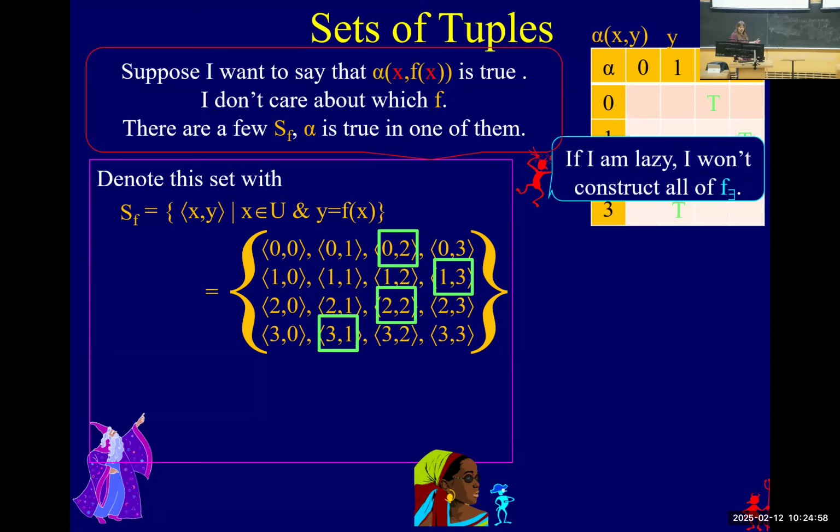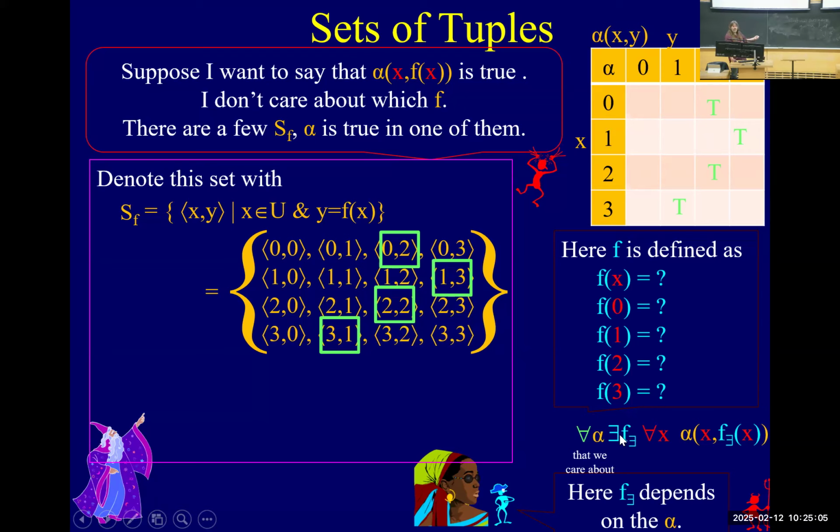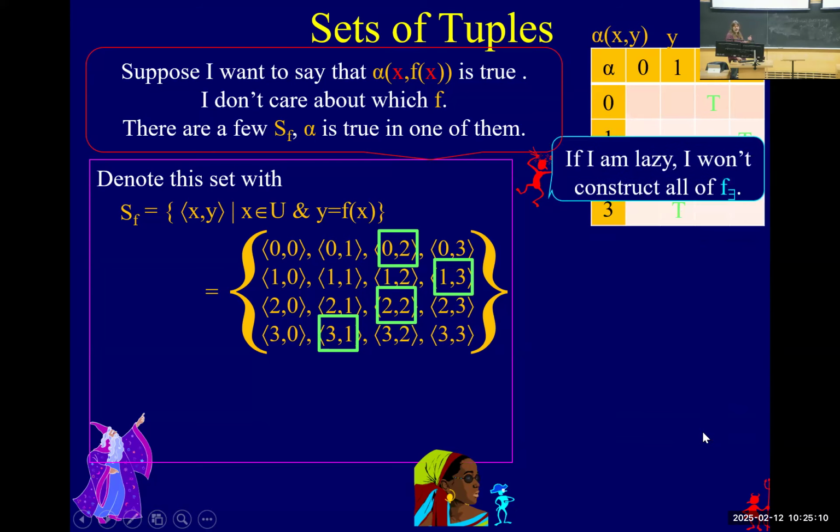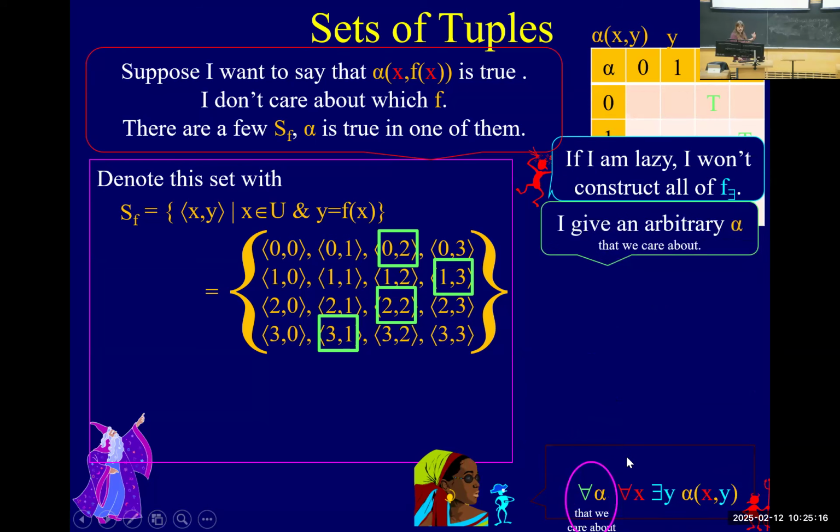So what we could do instead, in this game, I come up with this function and then you give me an x, and it works. We can not give the whole function. So here, what happens in this game? Somewhere we get an alpha, and then we get an arbitrary x.